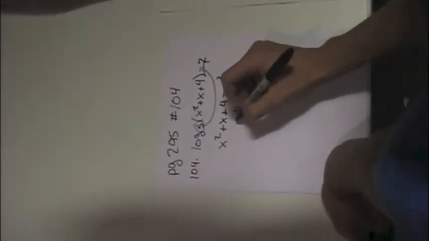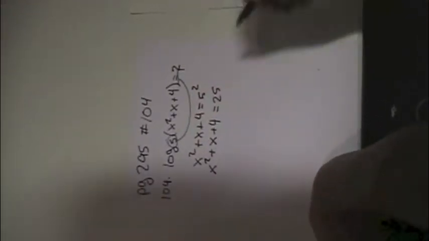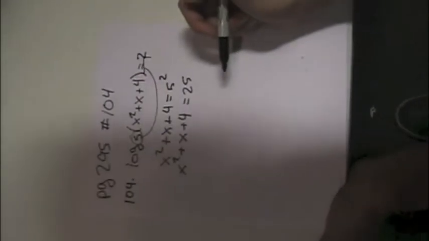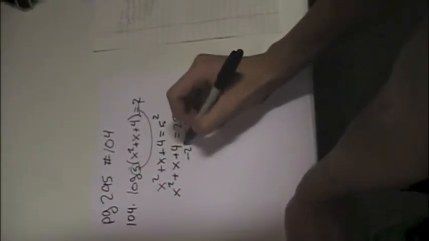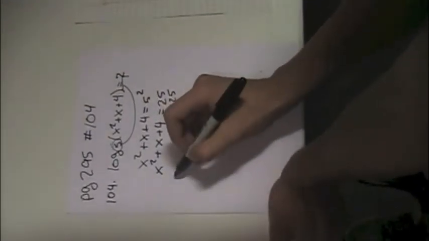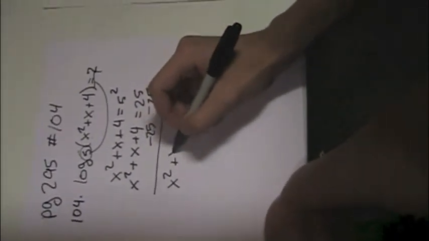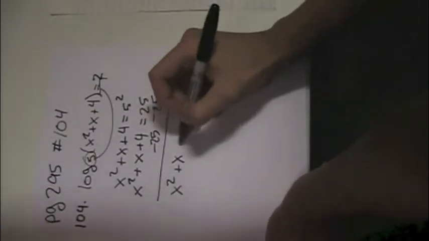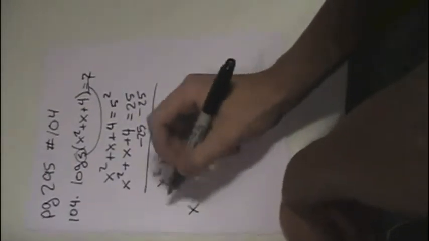You get the same thing over here, and then you subtract 25, and this becomes x squared plus x minus 21 equals 0. And since this isn't factorable, you have to do the quadratic formula.